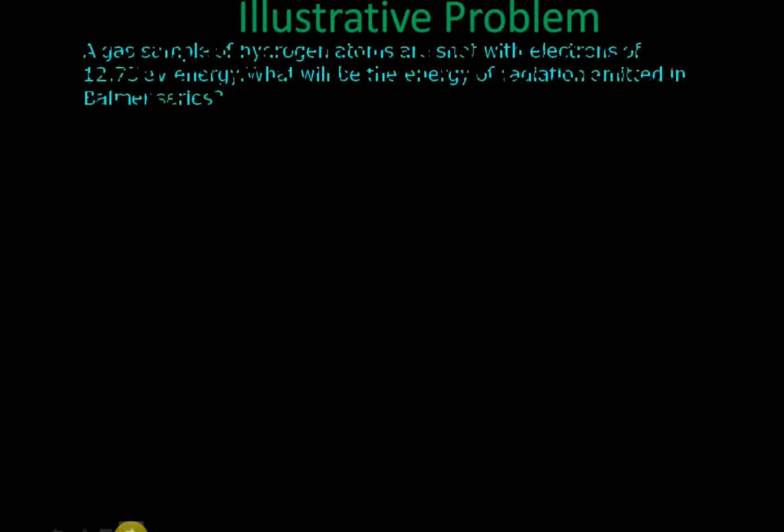Here is the illustrative problem now. A gas sample of hydrogen atoms is shot with electrons of 12.75 electron volt energy. What will be the energy of radiation emitted in Balmer series? So here we have an electron which possesses an energy equal to 12.75 electron volt.